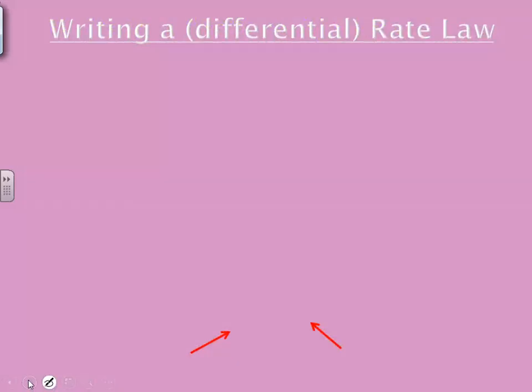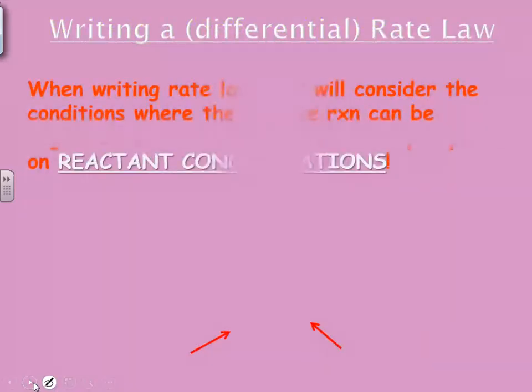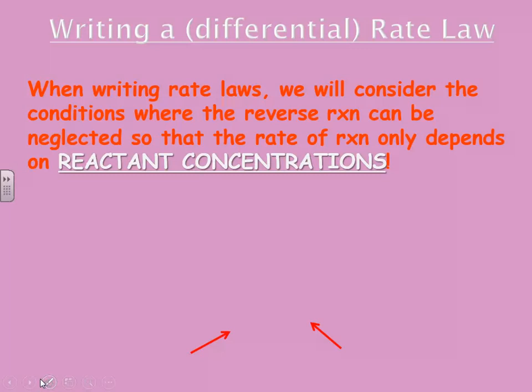Now, when writing a differential rate law, we will consider the conditions where the reverse reaction can be completely neglected, so that the rate of the reaction only depends on the reactant concentrations. We're going to be considering the time of the reaction where only the reactant concentrations are important, and these are the initial concentrations.